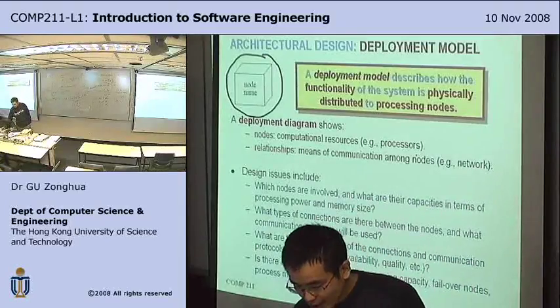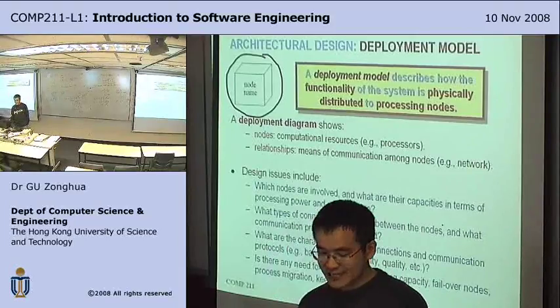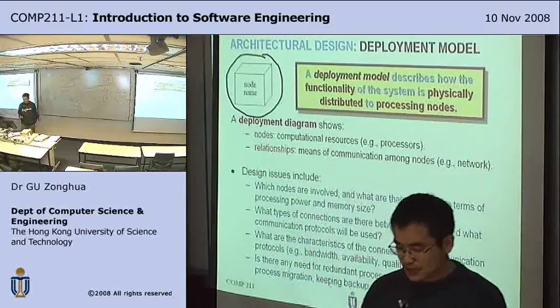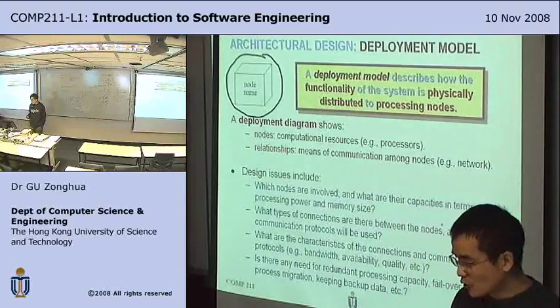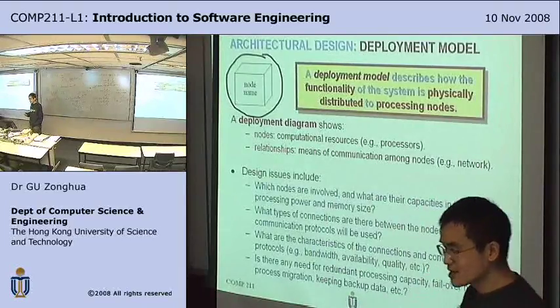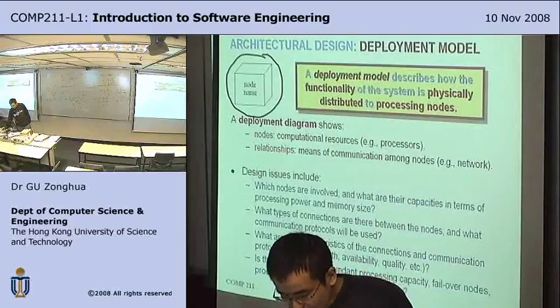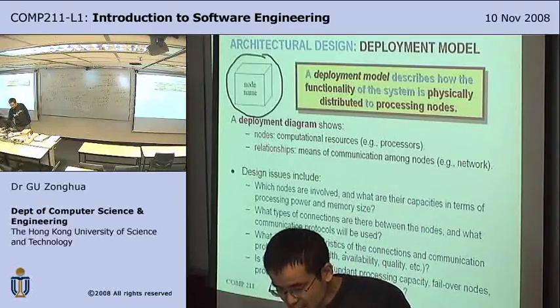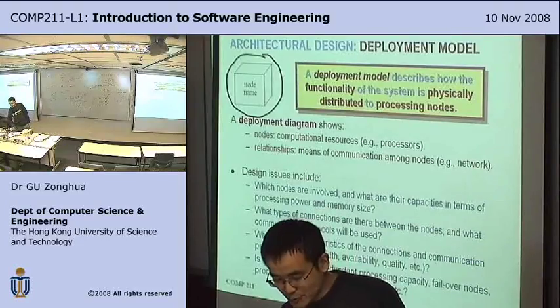And what type of connections are there between the nodes, and what communication protocols will be used? Is it a high-speed optical connection, or a Wi-Fi connection, or Ethernet? What are the characteristics of the connections and communication protocols in terms of bandwidth, availability, quality, etc.?